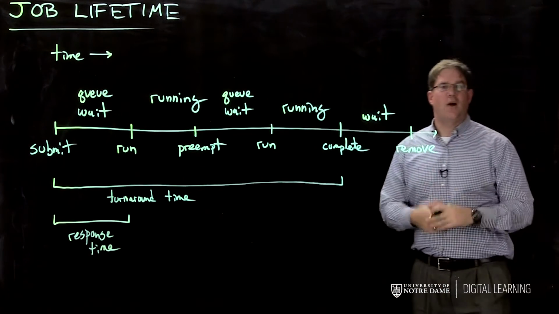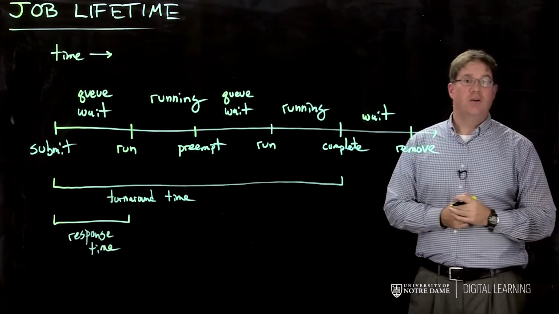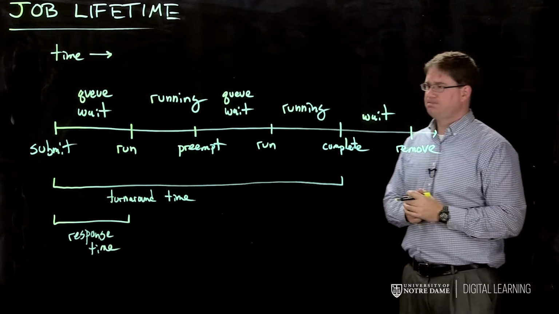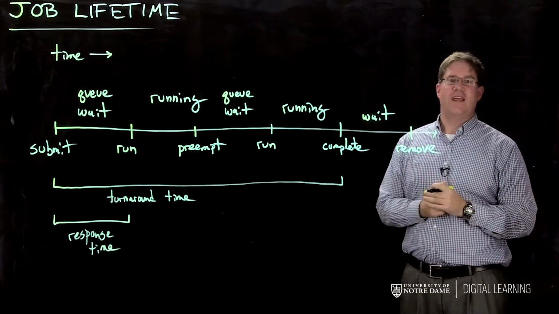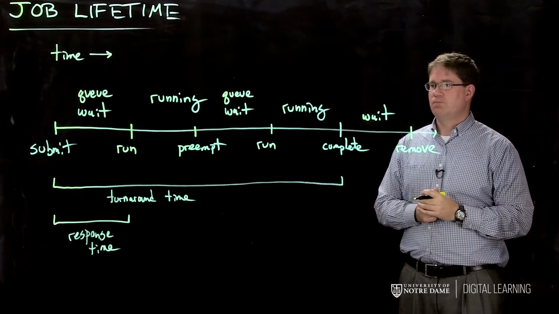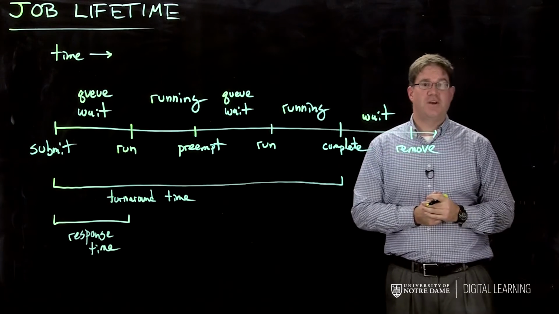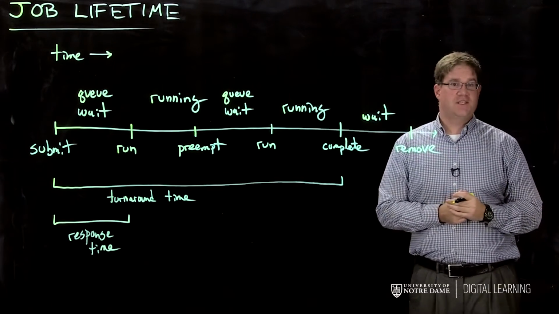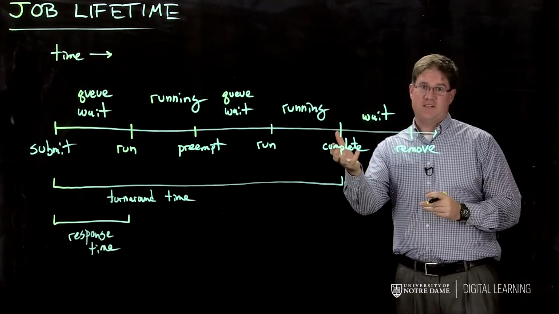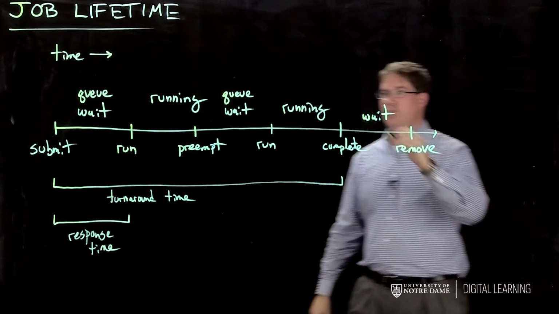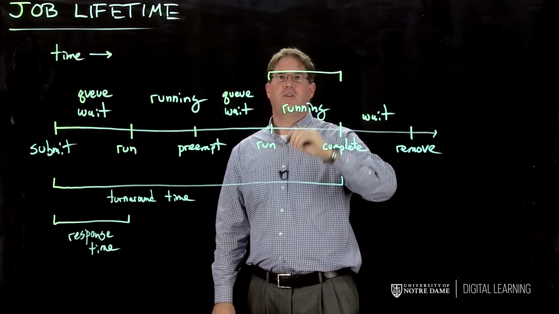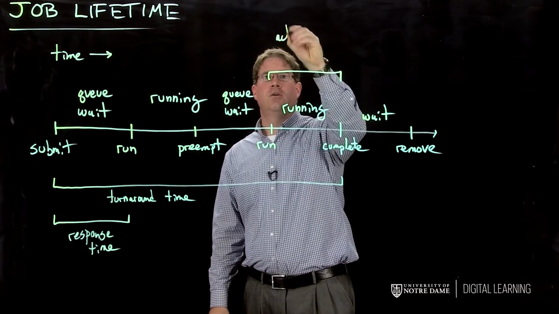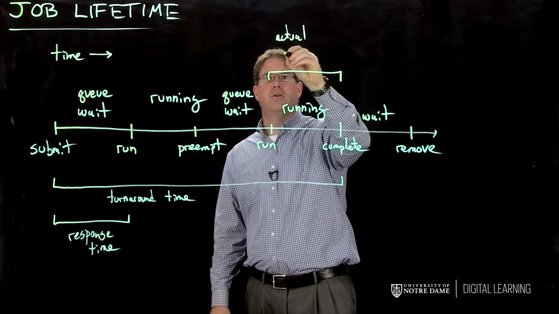We also might care to know how long did this job actually run once it was placed on the cluster. Now, this is a little more complicated to answer because there are several ways we might define running. One definition of runtime would be to say, what is the time from the beginning of a successful run to its completion? So we might say it's this bracket of time here, which I'll call the actual runtime of the job.